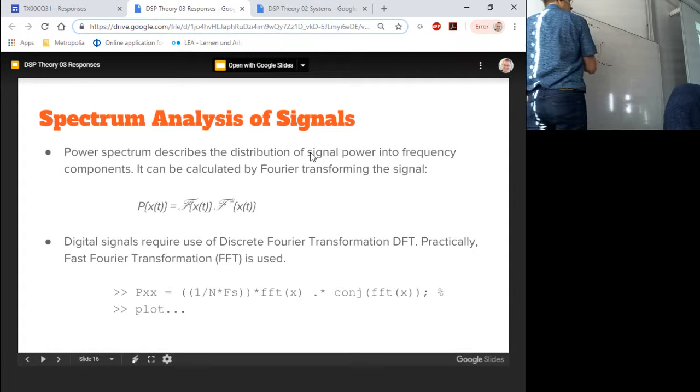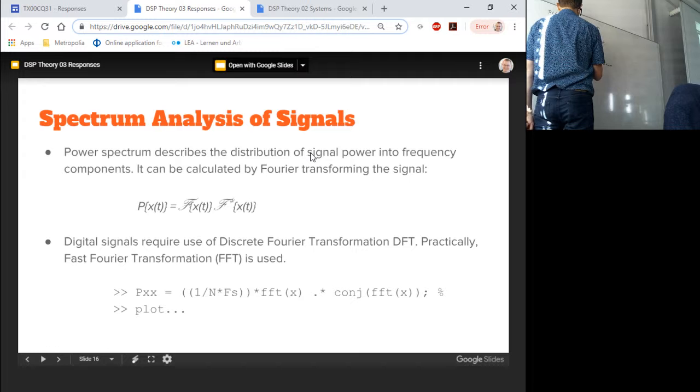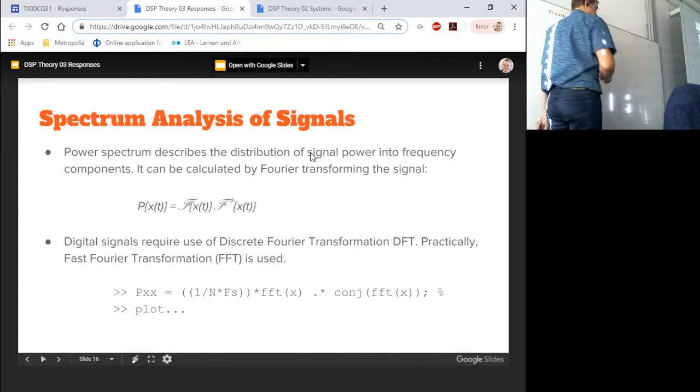And for discrete time signals, you have the discrete Fourier transform.